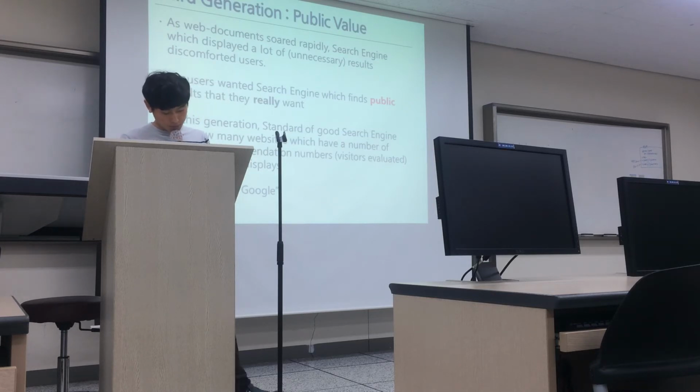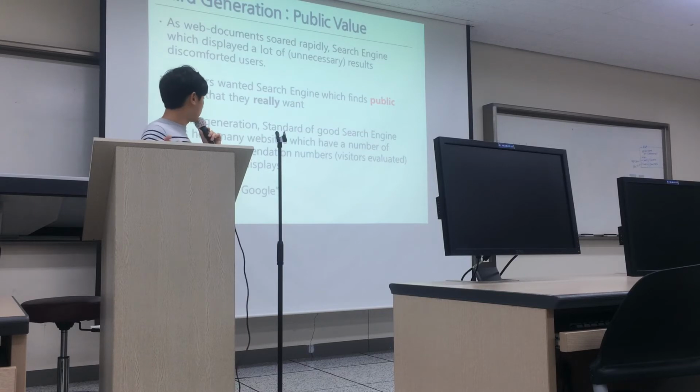In this generation, the standard of a good search engine is to display websites which have a number of visitors and recommendations. This technology, like PageRank, was adopted by Google. Next.